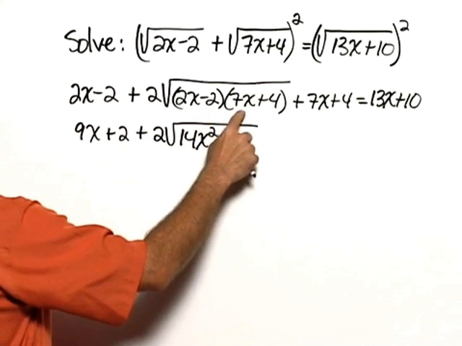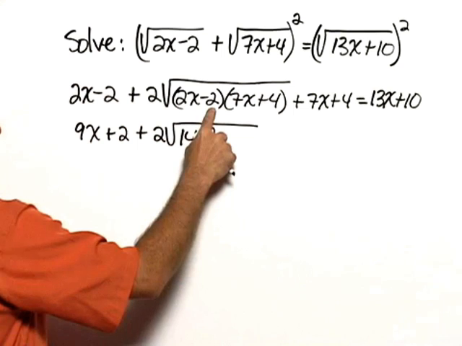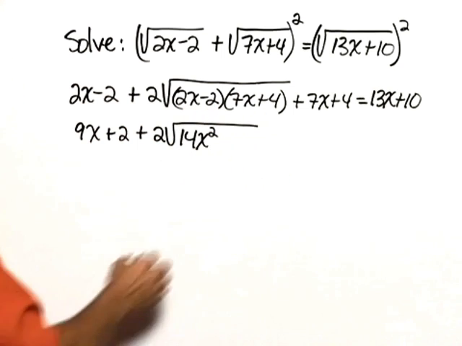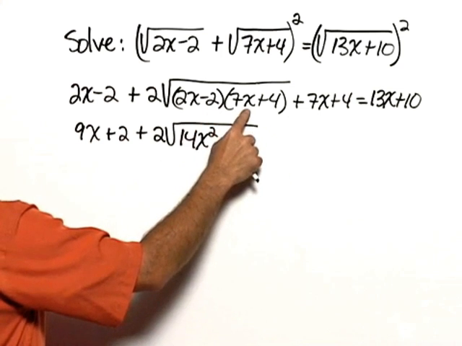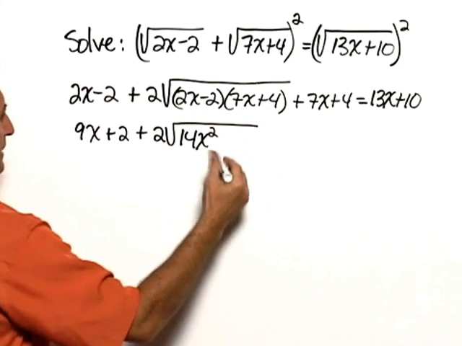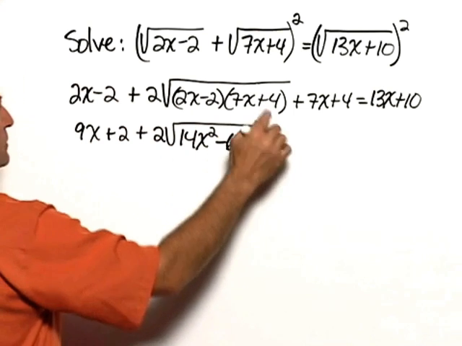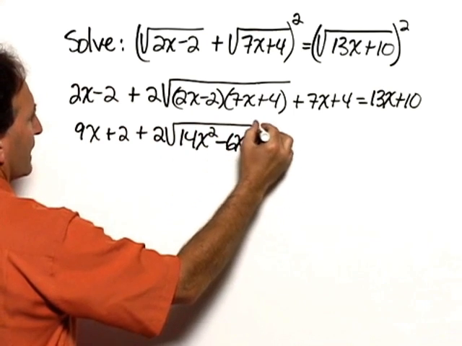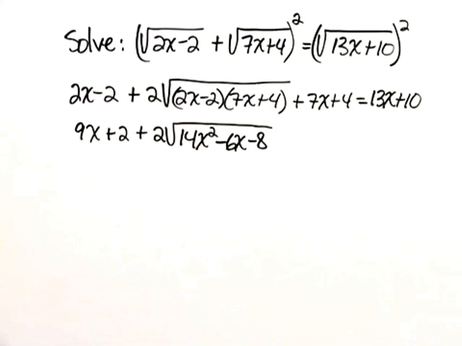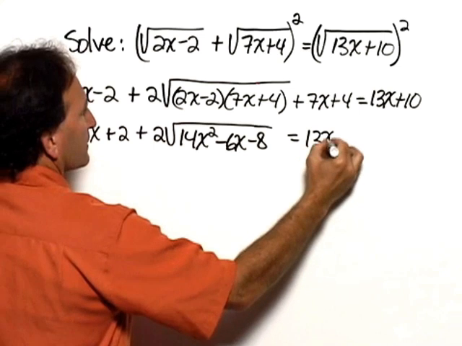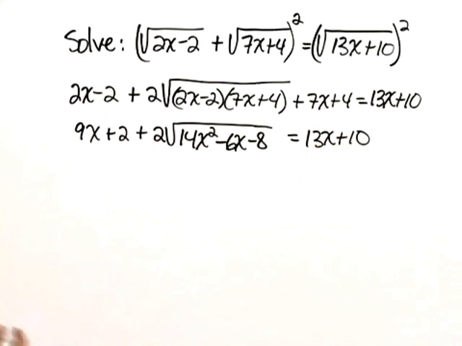The inner term is negative 14x. The outer term is positive 8x. So negative 14x plus 8x gives us negative 6x. And then negative 2 times 4 is minus 8. And that's all underneath the radical. That's equal to 13x plus 10.